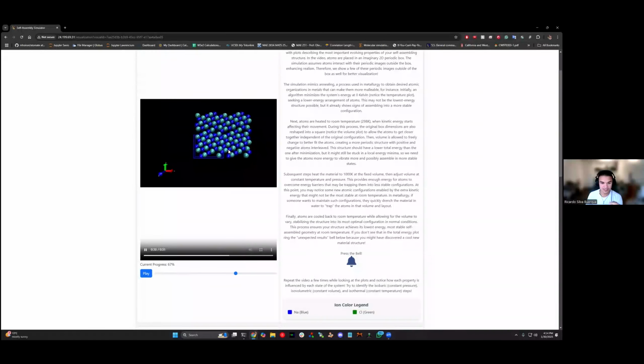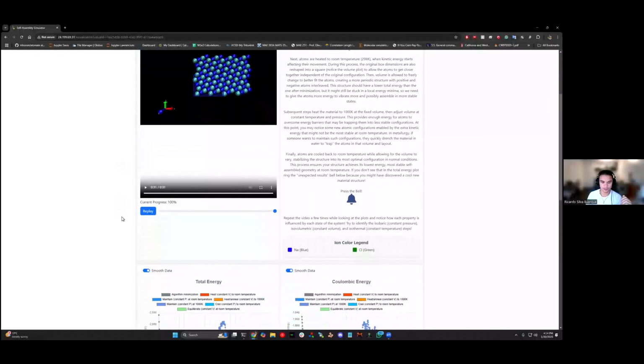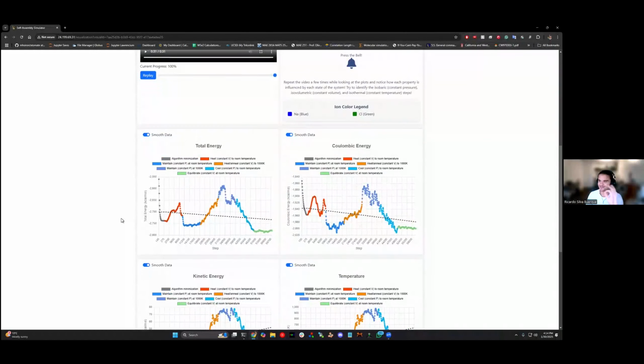And then eventually at 1,000 Kelvin, once we allowed the volume of the box to vary, they found a very stable configuration, right, where they occupy most of the volume of the box, and they are very well self-assembled into this kind of positive-negative charge grid. And then below here, we have the plots. This is perfect. This is the best live demo that I could have done because the structure came out exactly how I wanted it to.